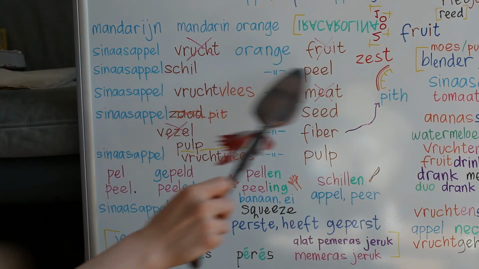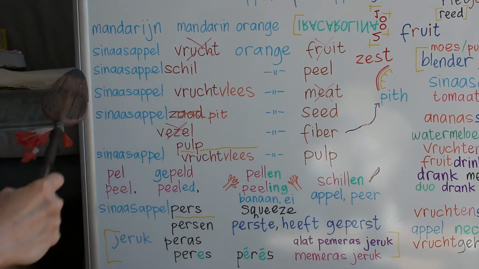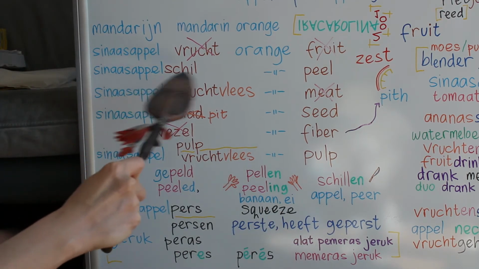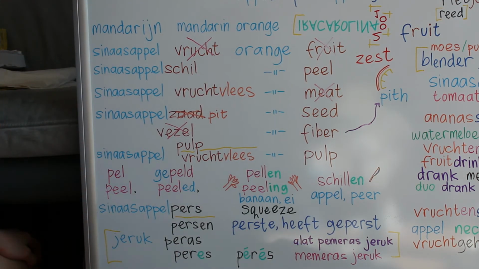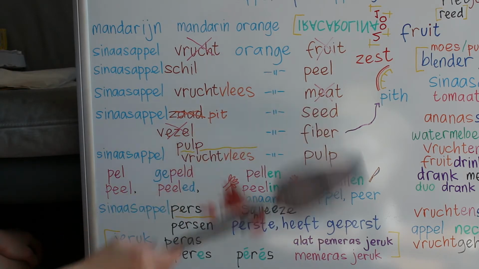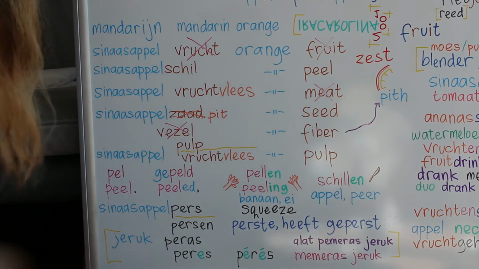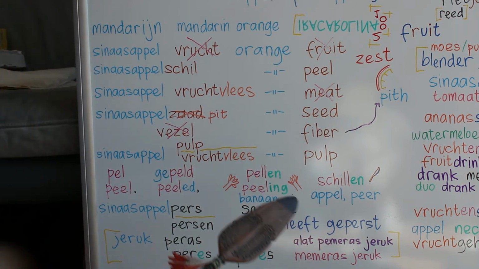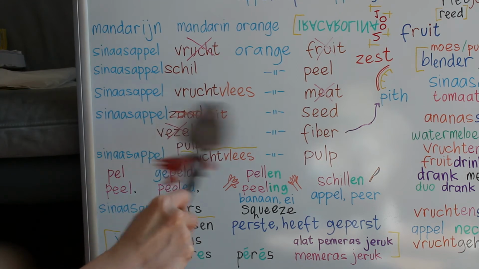And orange peel in Dutch is sinaasappelschil. One word. Orange meat is not the dish, but it's the fleshy part of orange. In Dutch it is sinaasappel vruchtvlees.